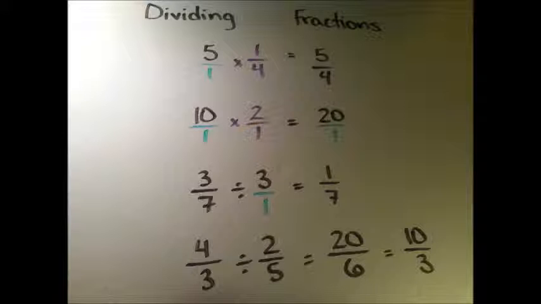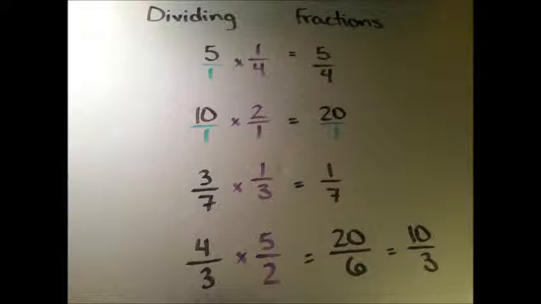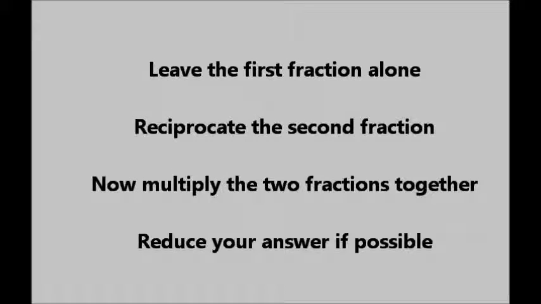Instead of 3/7 divided by 3, we think of 3/7 multiplied by 1/3. And instead of 4/3 divided by 2/5, we think about 4/3 multiplied by 5/2. So again, when we're dividing fractions, we leave the first fraction alone, we reciprocate the second fraction, now we multiply the two fractions together and reduce our answer if possible.